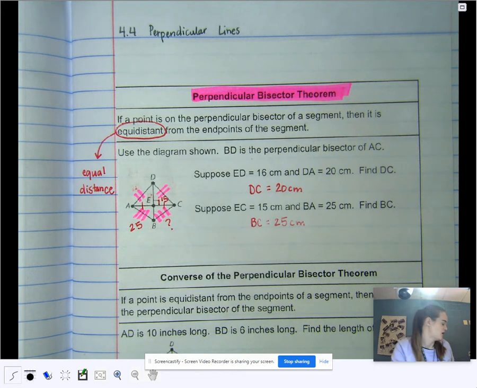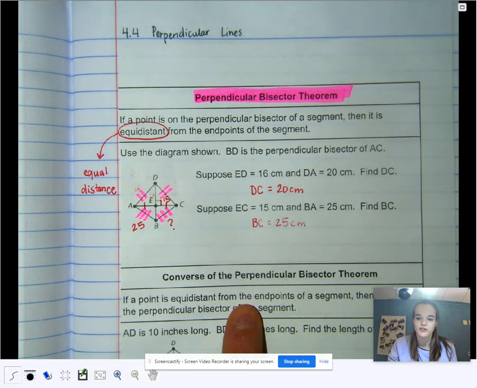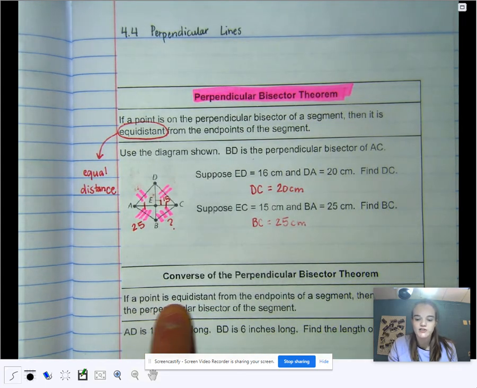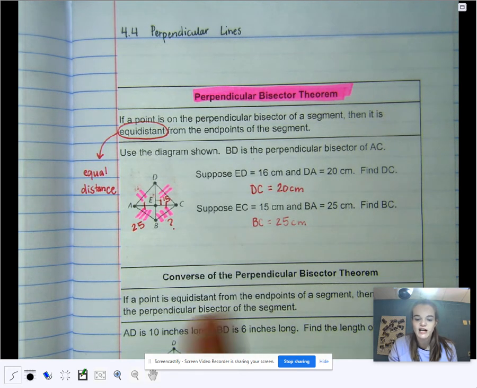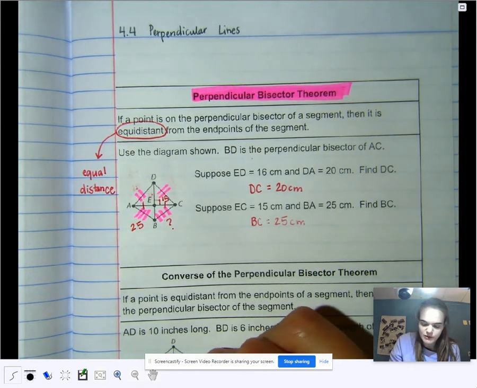All right, let's talk about the converse. If you remember, the converse is just flipping it. So it's taking what was the if and putting it for the then, what was the then and putting it for the if. So if a point is equidistant from the endpoints of a segment, then it lies on the perpendicular bisector of the segment. So they're already telling you right here that these two are congruent to each other.